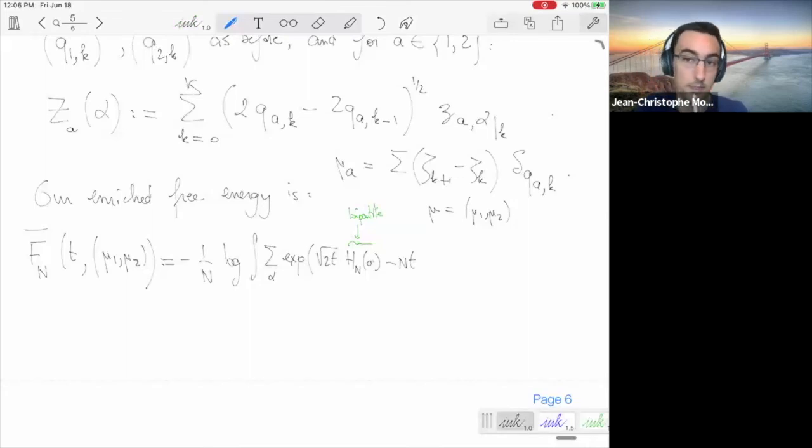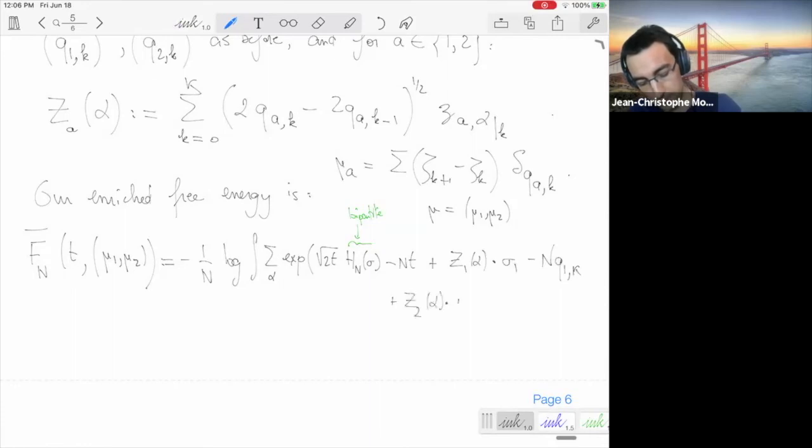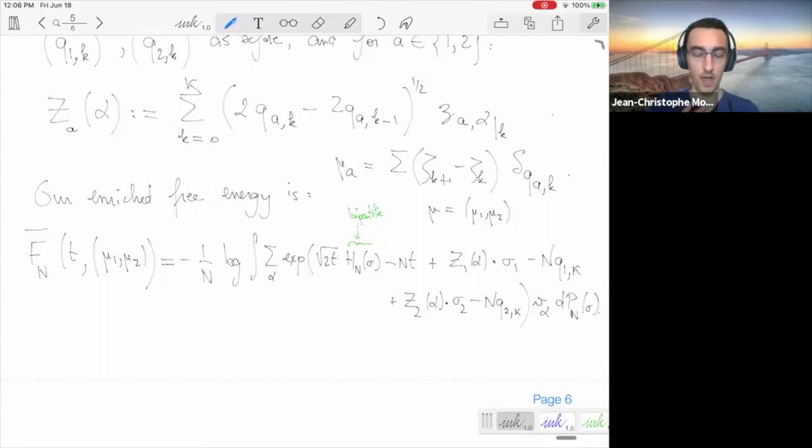And then I add these magnetic fields, so plus Z1 of alpha dot sigma 1, and there's always this compensating term n q1k, plus Z2 of alpha dot sigma 2 minus n q2k, times v alpha dPn sigma. Okay, and I put a bar, so I should put an expectation here. It's really exactly in the same spirit as before, except we have duplicated these random fields.